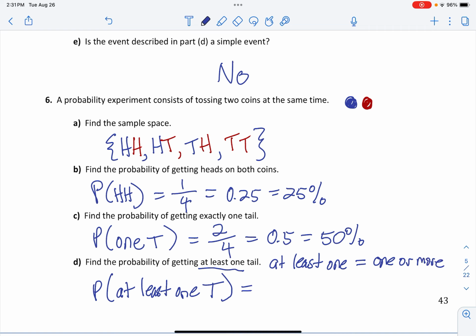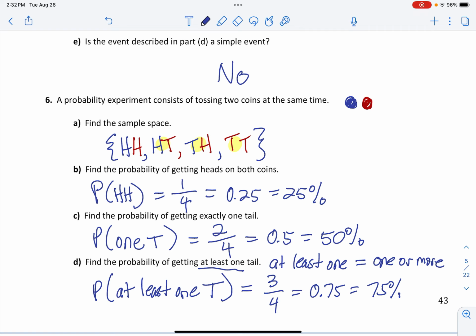In this case, that's either one tail or two tails. So look at all of them that have either one or two tails, and that's the last three. The only one that doesn't qualify is the one with no tails. So this answer is going to be 3 out of 4, 75% of the time, that is what we would predict to happen.